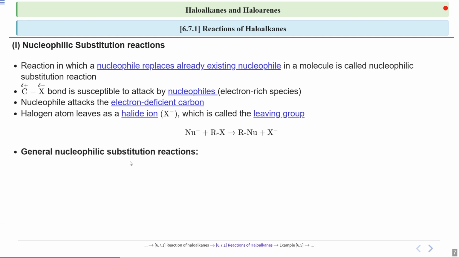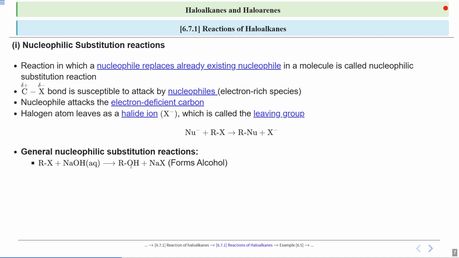General nucleophilic substitution reactions. You can see this is the reaction where alkyl halide is reacting with sodium hydroxide, and in the product we are getting ROH, which is an alcohol, plus sodium halide, right? So this reaction forms alcohol.